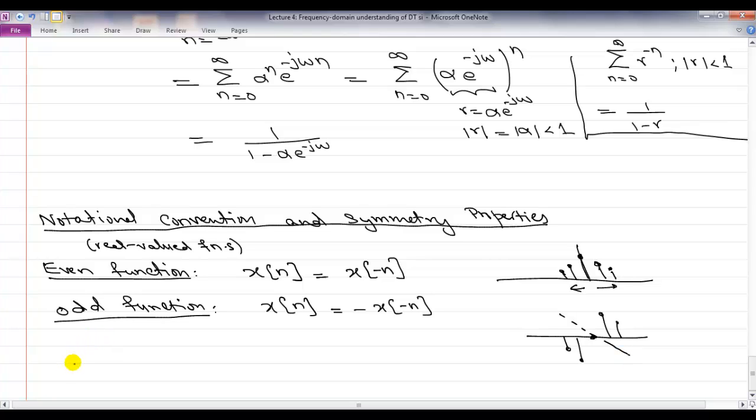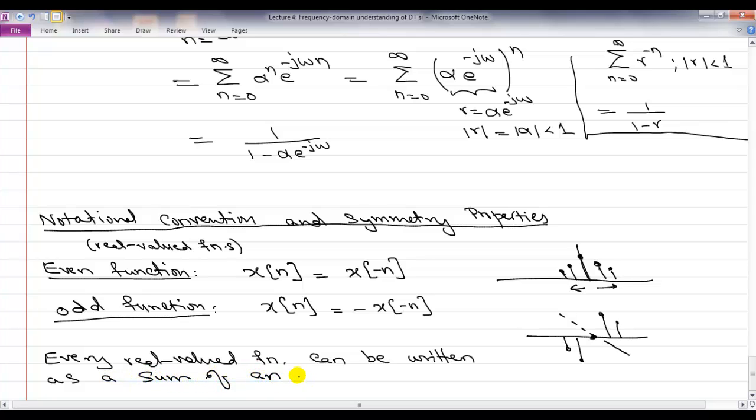And the idea is that every real valued function can be written as a sum of an even and odd function. And here I'm just writing them for the case of discrete time. The same definitions exactly apply for the case of continuous functions.